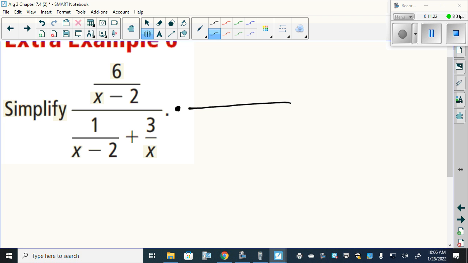So, out of all of these here, we know that we will need an x for the 3 over x. We'll also need what? For the 6 over x minus 2, yes? Do I need another x minus 2 for the 1 over x minus 2? In each of the denominators, how many times does x minus 2 appear in each one?